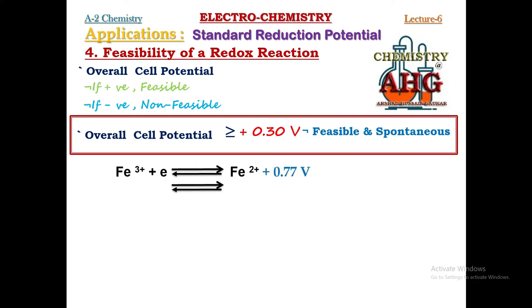By using those half cell chemical equations and standard reduction potentials, you can be asked to write down a balanced chemical equation for a feasible reaction. So look at these chemical equations. The question is, write down a balanced chemical equation for a feasible reaction by using these two half cells.